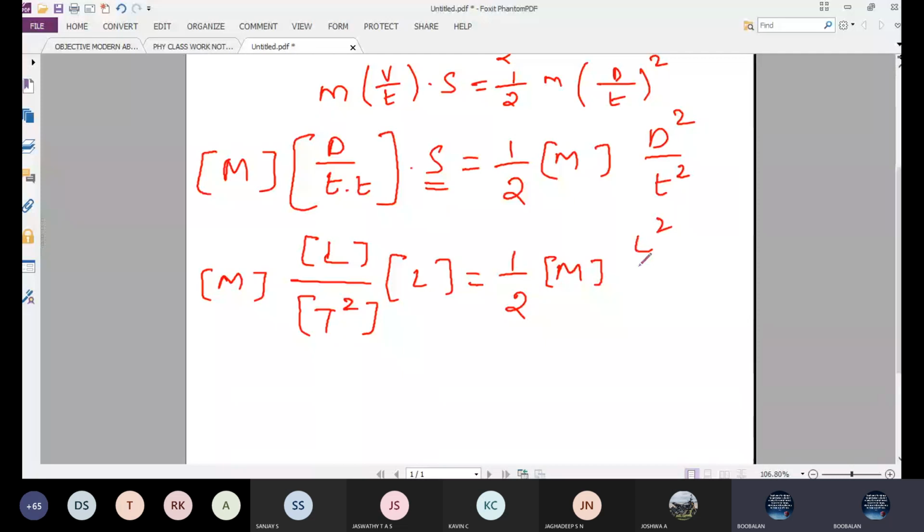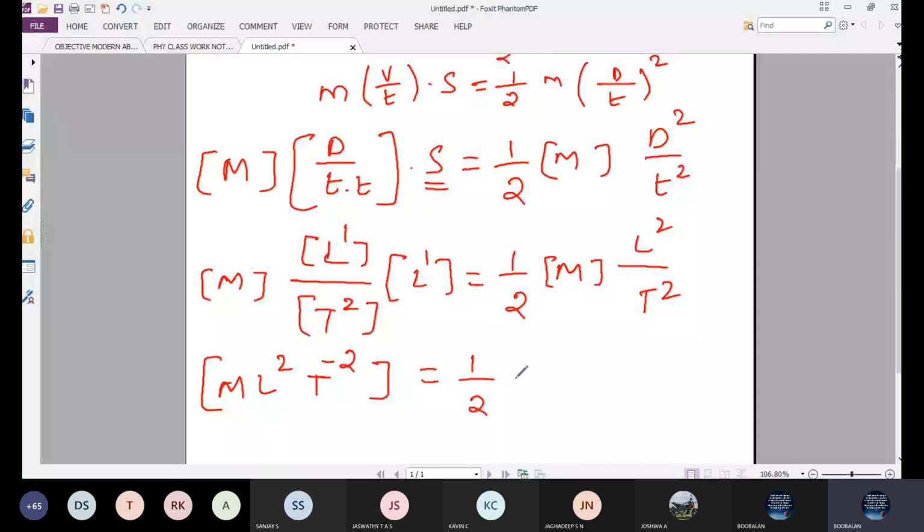Just rewrite. M L power 1, L power 1 is L power 2, T power 2, but I am writing T power minus 2. M L square T power minus 2 is equal to 1 by 2 M L square T power minus 2.